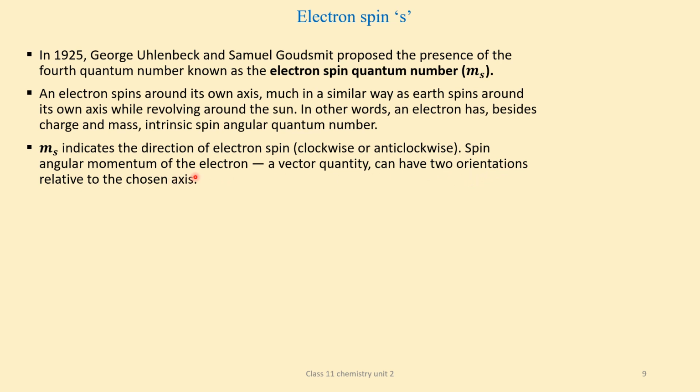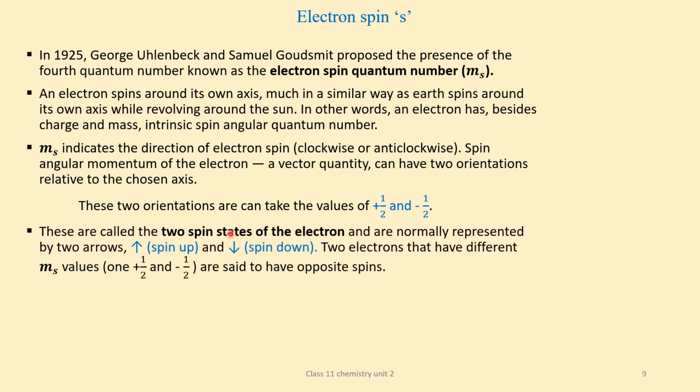The spin angular momentum of the electron, a vector quantity, can have two orientations relative to the chosen axis. These two orientations can take the values of plus half and minus half. These are called two spin states of the electron and are normally represented by two arrows: arrow upward, spin up, and arrow down, spin down. Two electrons that have different ms values, plus half and minus half, are said to have opposite spin.